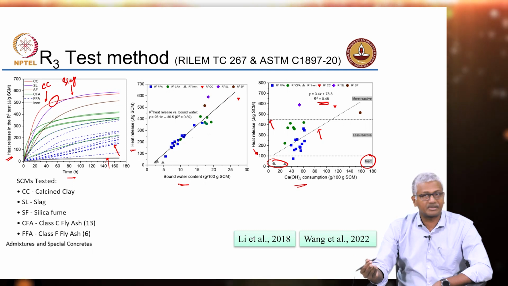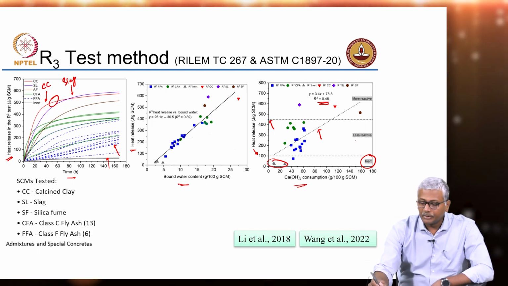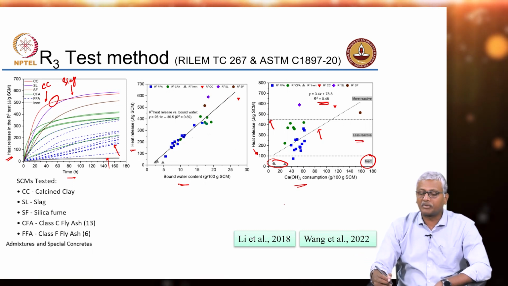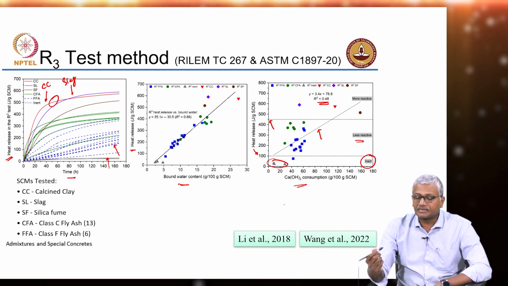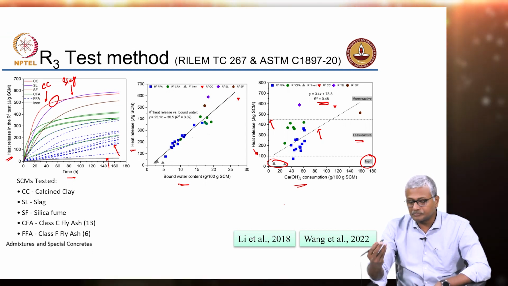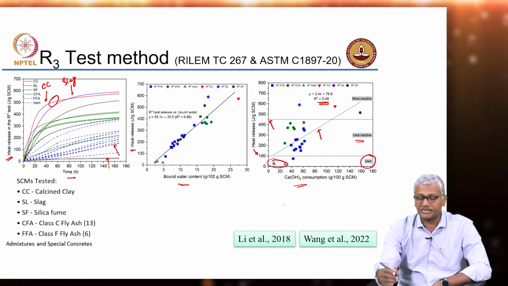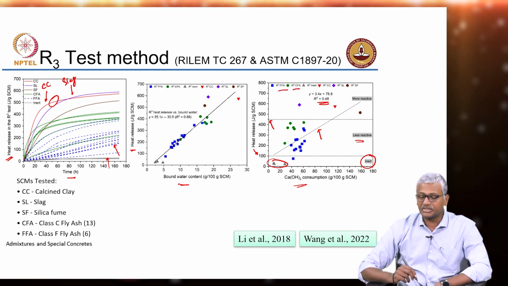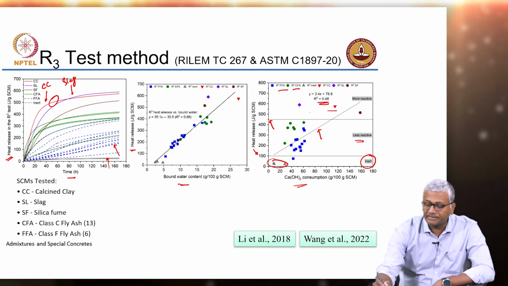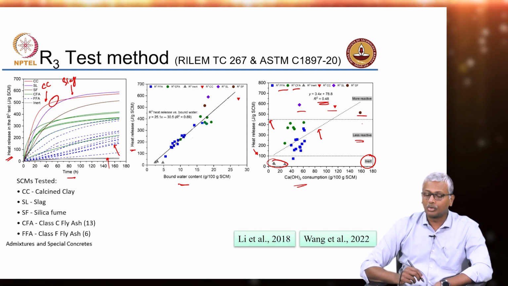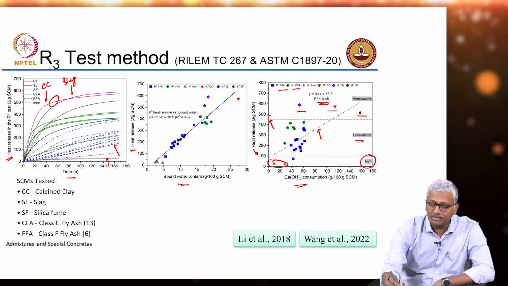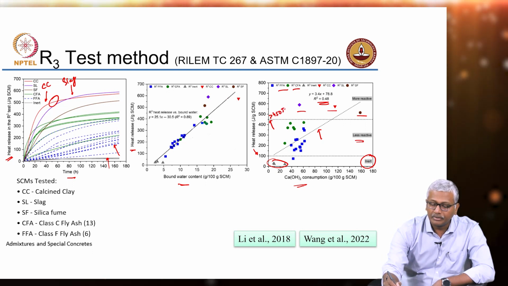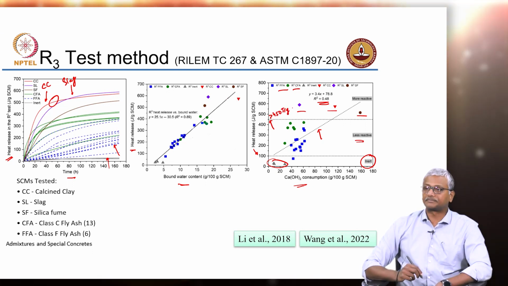If you take crystalline quartz as an inert material, you have less reactive material. This will probably include your fly ashes and maybe some slags, but mostly just the fly ashes, type F and type C fly ash. Okay. Then you have the slags and the calcined clays, which are in the more reactive system, where your heat release is greater than 450 joules per gram of the SCM.